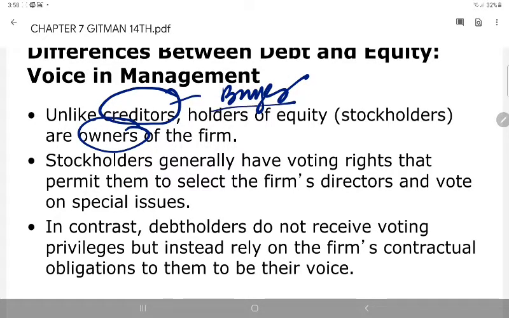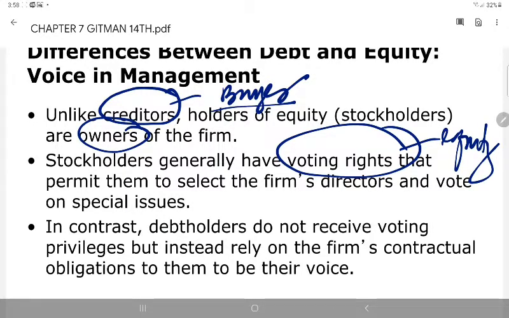Diba? The buyer. Kasi owner, creditor. Okay. And of course, if you're the owner, you have the voting rights. No? And that is with regards to equity. Ito yung perspective ng buyer.